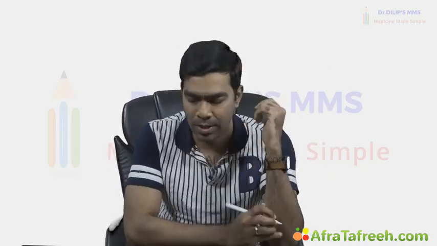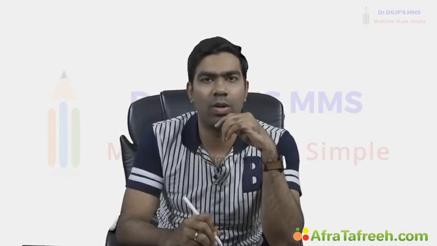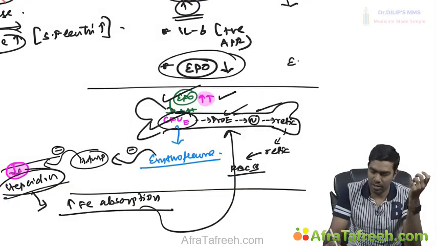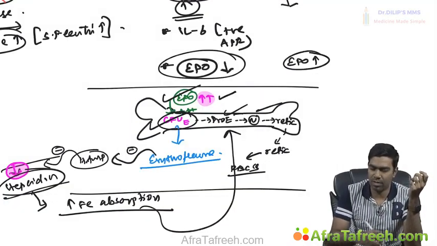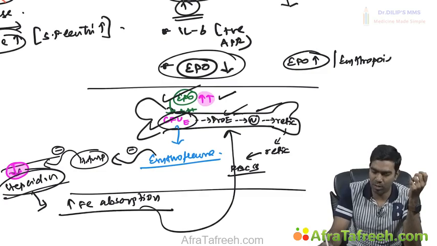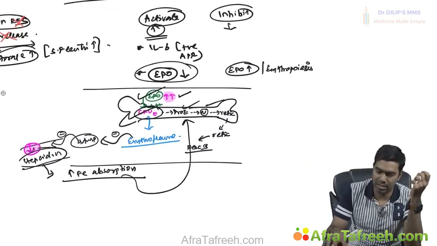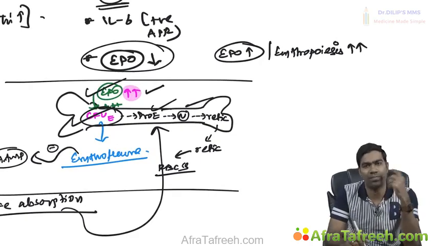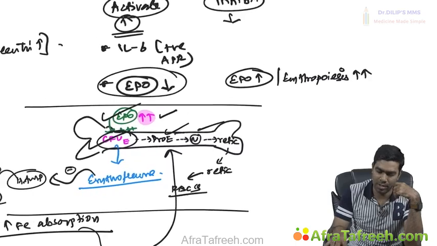So when you have high erythropoietin, by a lot of mechanisms you're going to have a low hepcidin. At the same time, when you have a low erythropoietin, definitely the reverse happens, so you're going to have a high hepcidin. Similarly, when you have high erythropoietin levels, or if the patient has active erythropoiesis, or erythropoiesis is increased, you're going to have a low hepcidin as well.